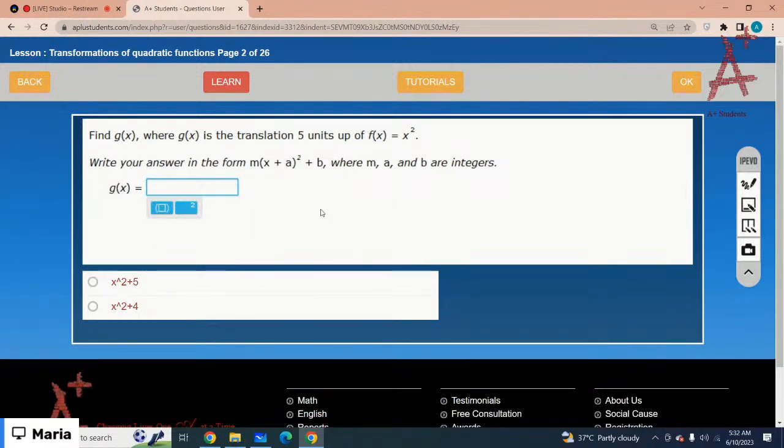Okay, the next one is find g of x, where g of x is the translation 5 units up of f of x equals x squared.